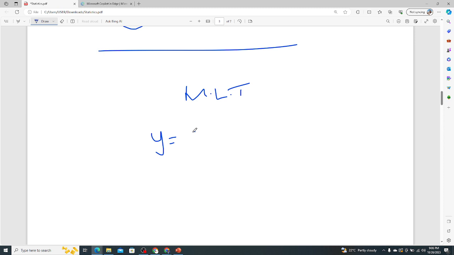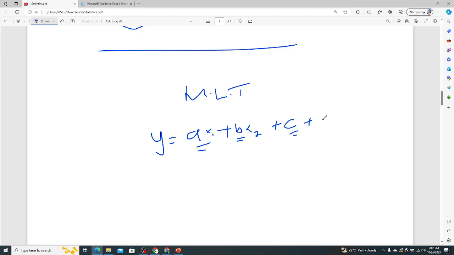So in this case, you might find an equation like this: y is equal to a multiplied by x1 plus b multiplied by x2 plus c. Basically A and B are constants, and C as well.